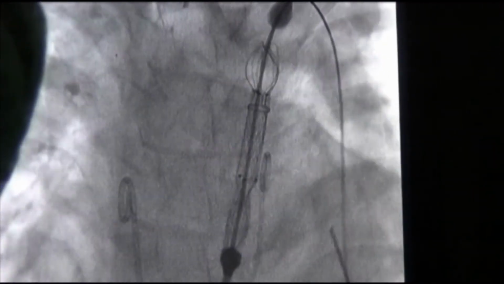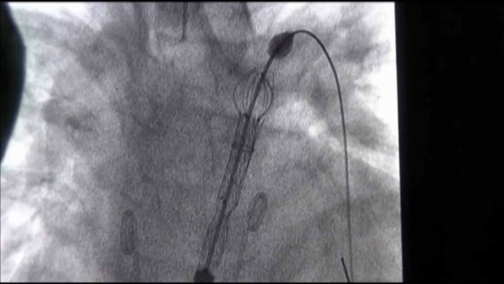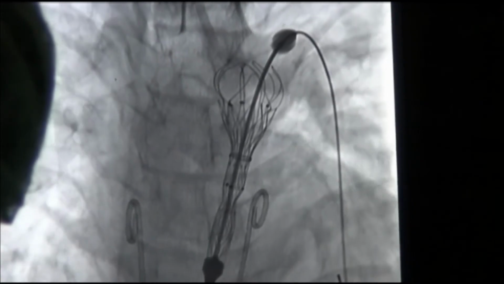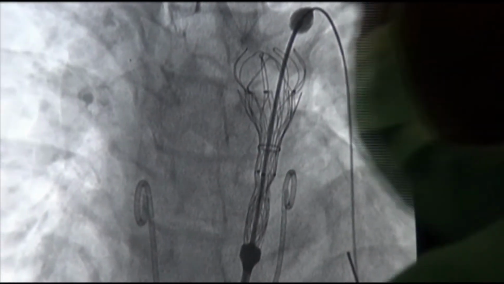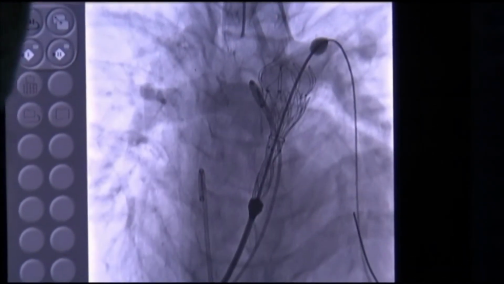So Dr. Hijazi releases the cover and you can see the circle we move back. Then the tip, the valve, the flared part will warm up, then self-expand.